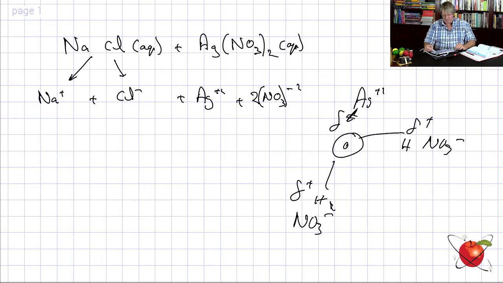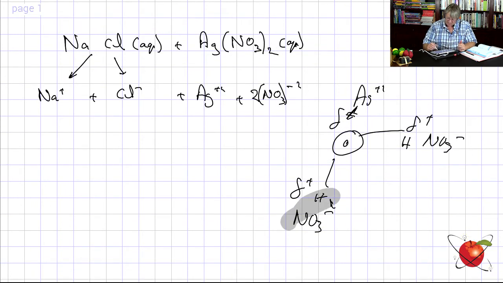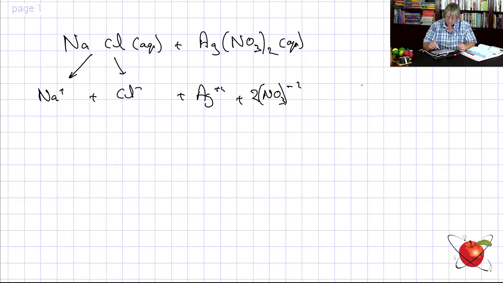So what happens here is that these hook onto the positive and negative sides of a polar molecule, because these are ionic and this is polar. So it's soluble, which means it forms ions in the water. That's a given. So if aqueous is written there, it means it is dissolved in water.